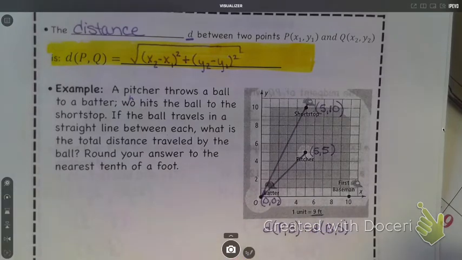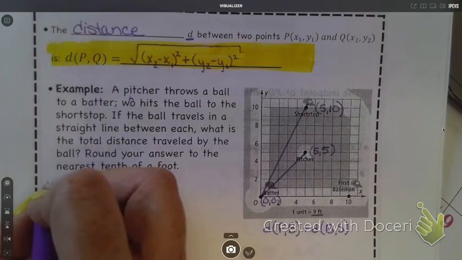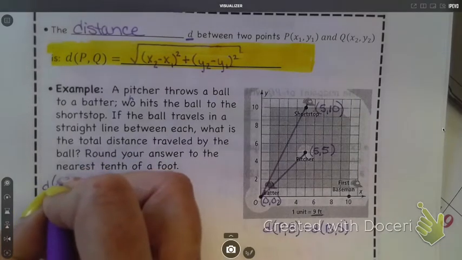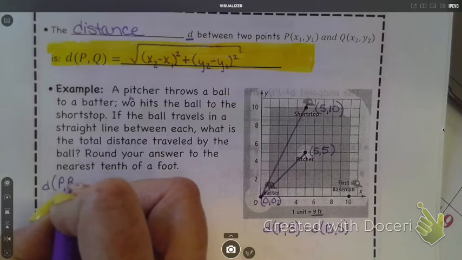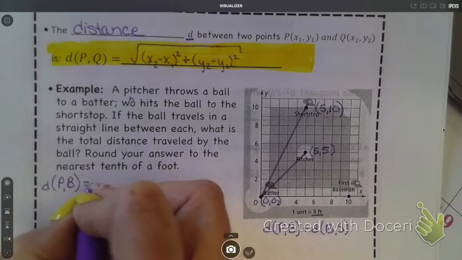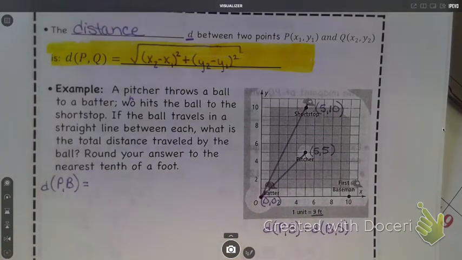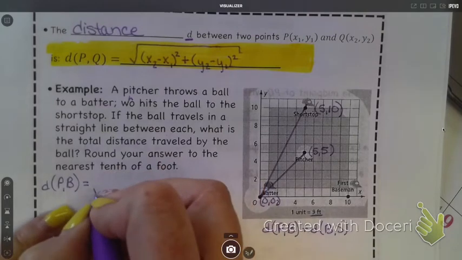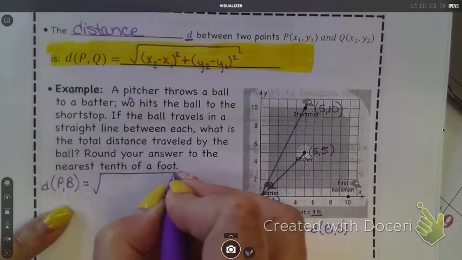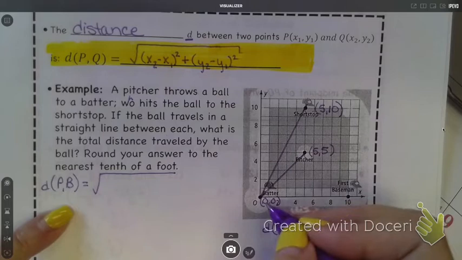Okay, so I have the distance from the pitcher to the batter. Oh, I love zeros. Subtracting zeros is amazing. You're not going to have all zeros, just to let you know. Okay, big square root. Now the difference of the x's.